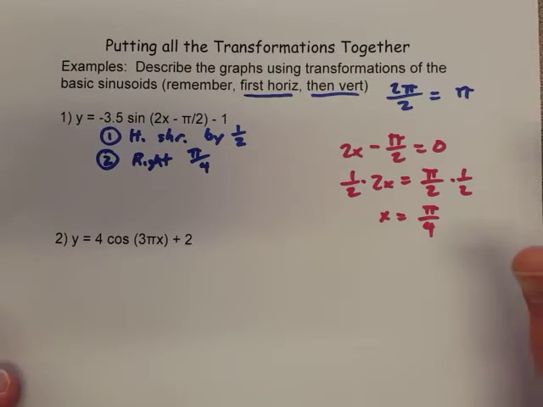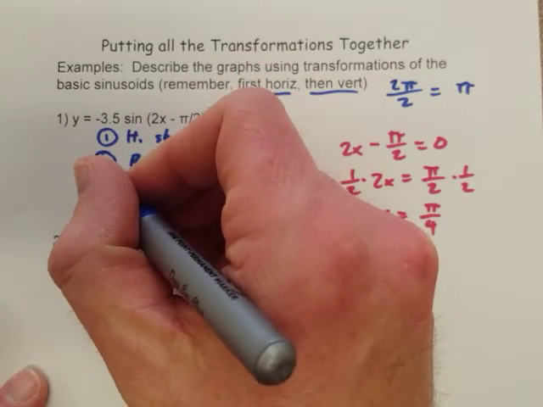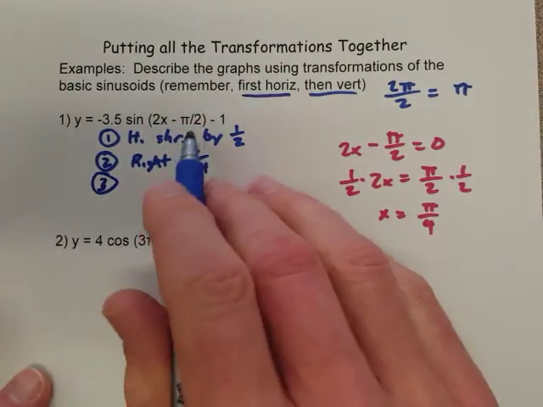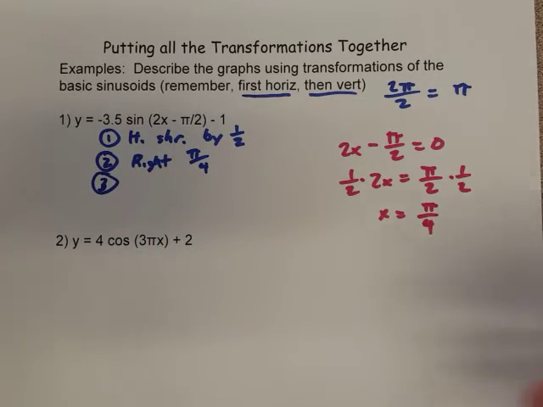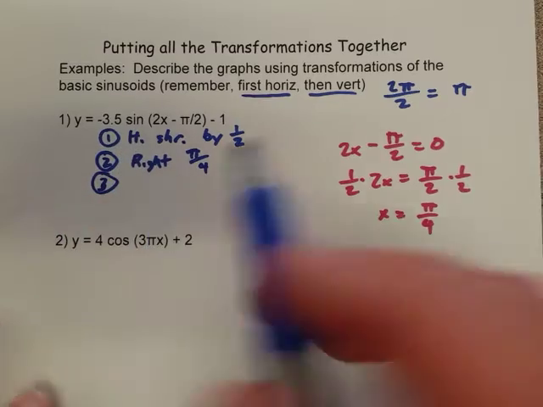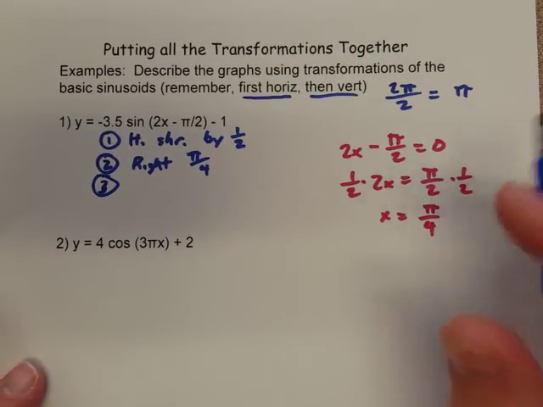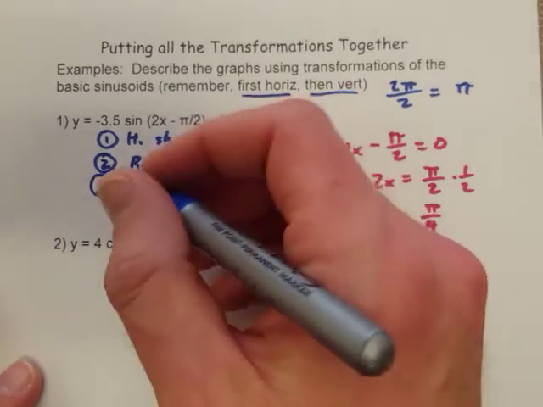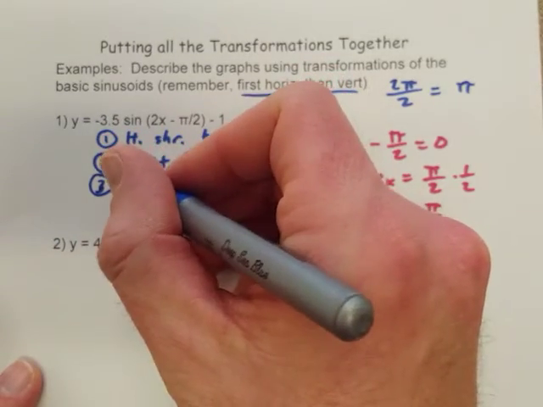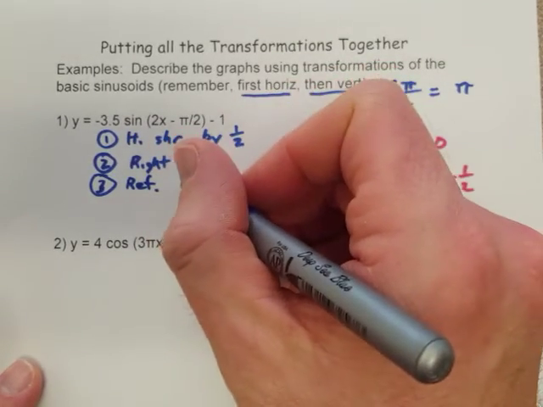Okay, we're getting there. We've got a couple more transformations going on here. Next one. Now that we've gotten rid of everything inside the parentheses, we're going to work our way outward. We've got the negative 3.5 out in front. That one's not too bad. There's actually two transformations involved here. We'll deal with each one separately. But one of them is the negative. That is a reflection over the x-axis.